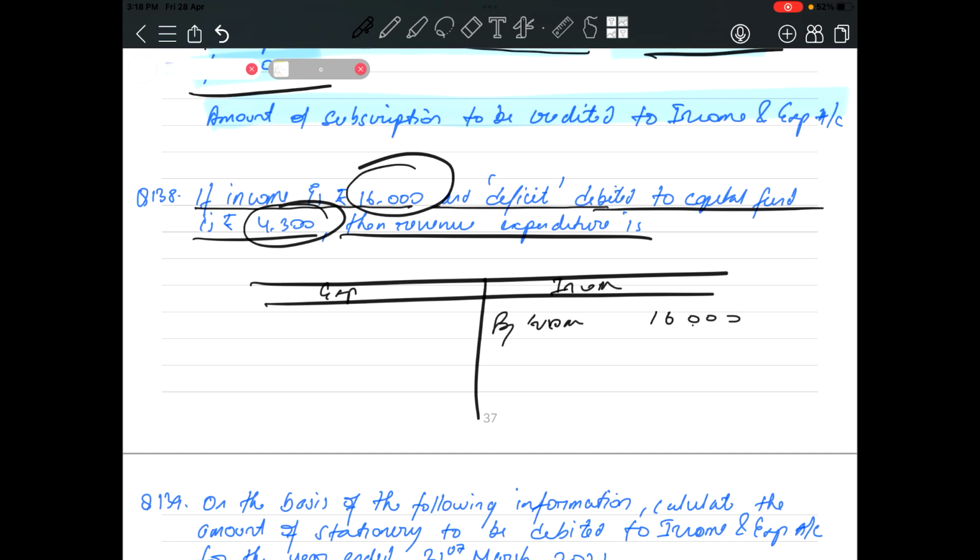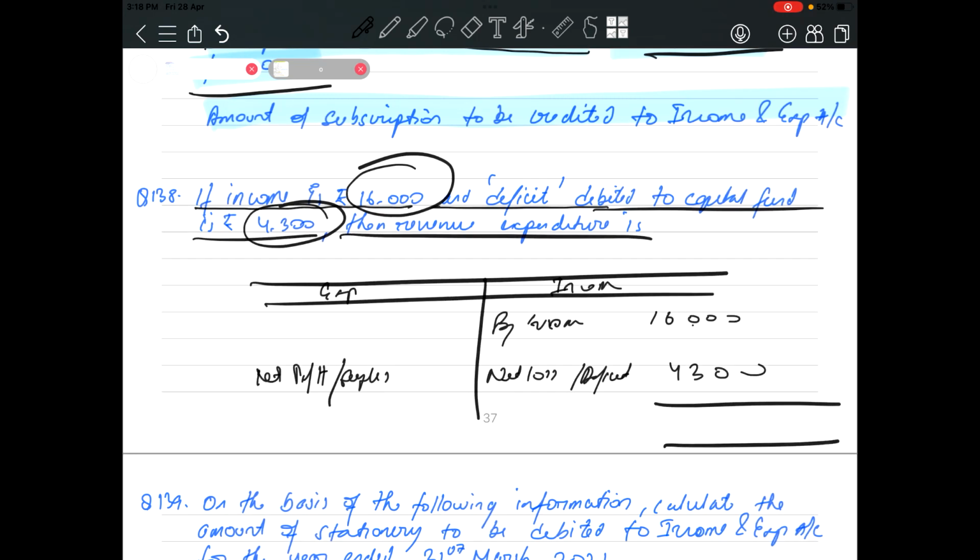If you want to understand from the P&L account point of view, deficit means it's a loss and surplus means profit, right? So the net profit used to come on the debit side, so surplus will come here. And net loss used to come on the credit side, so deficit will come here. What is the amount of deficit? 4,300.